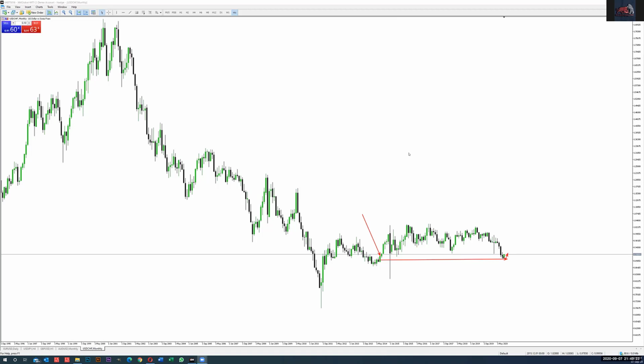Always know what that asset is doing on a monthly, on a weekly, on a daily. If on a monthly it's bearish, on a weekly it's bearish, there's no need for you to be looking for bullish moves, because higher time frame always precedes lower time frame. So it can be bullish on H1 or 30 minutes, but as long as it's bearish on daily, weekly, and monthly, eventually on those lower time frames it's going to fall.